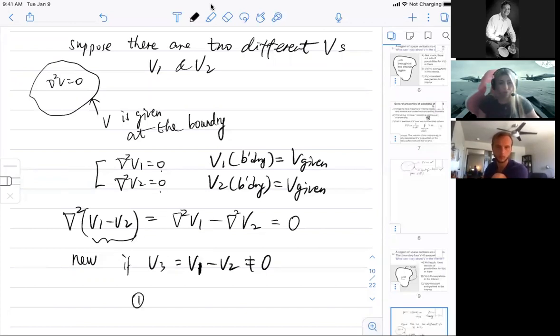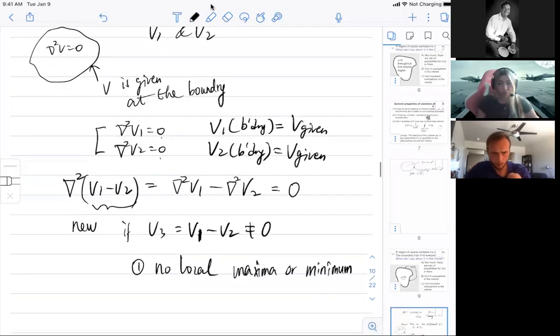The first property is that there are no local maxima or minima, and maximum or minimum only exists at the boundary.